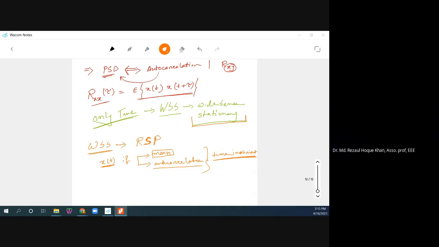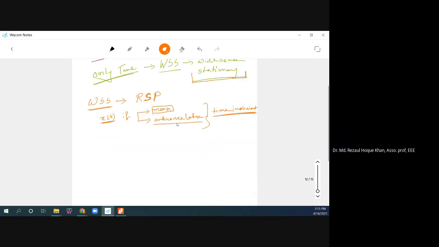Now what we will do, we will try to find the autocorrelation of signal X. How do we do that? We do this operation, we find the expected value, then we can find this autocorrelation.